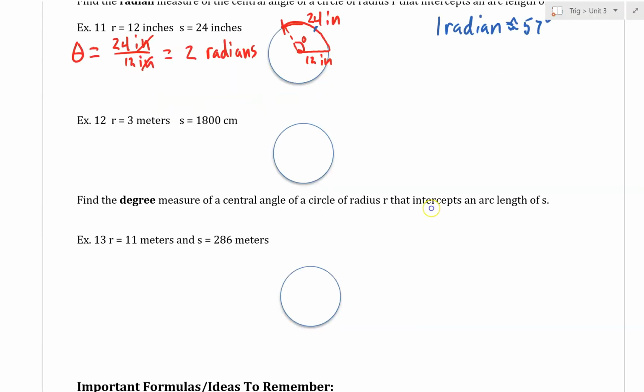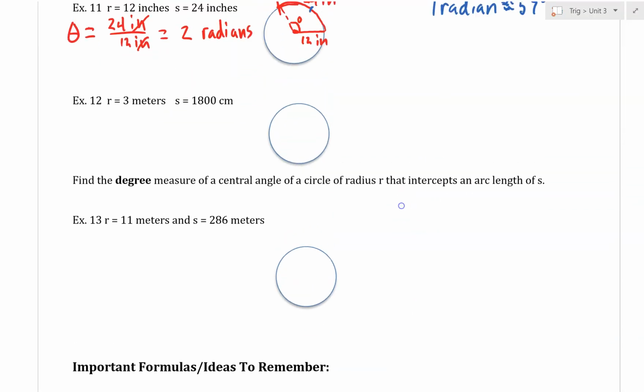On the next one, it says that r is 3 meters and the s in this one is 1800 centimeters. Well, theta, if we have an r, here's my picture and here's my r, and it's 3 meters long. Well, 1800 centimeters, that's going to be tough to lay down, our arc length.